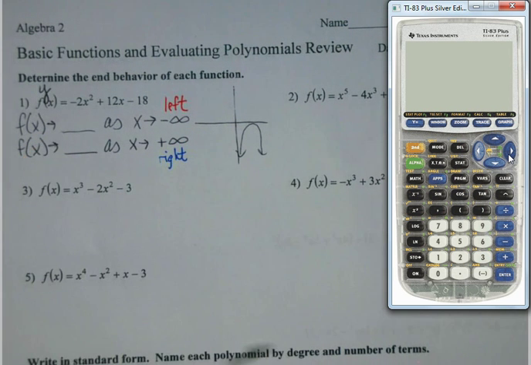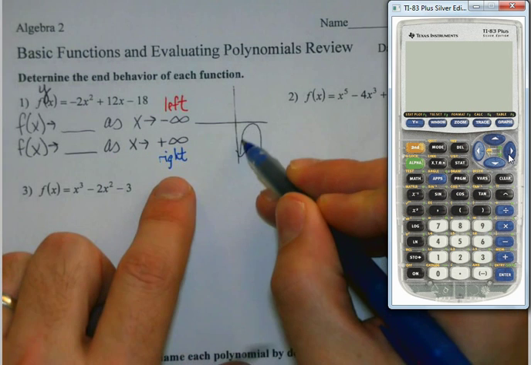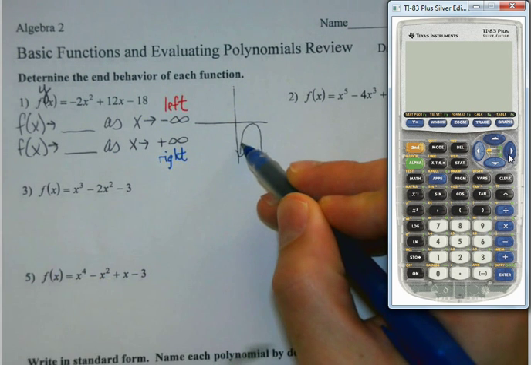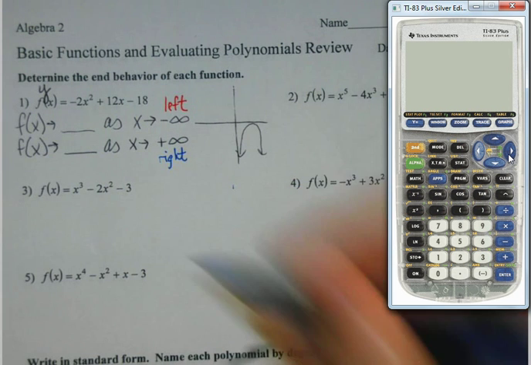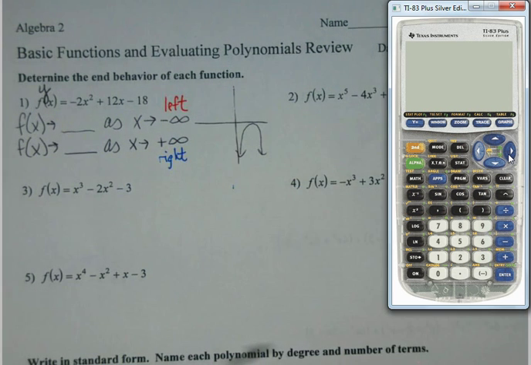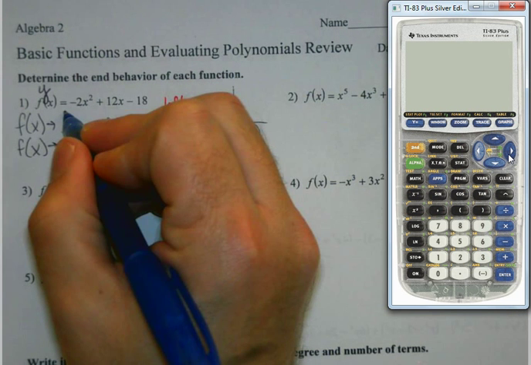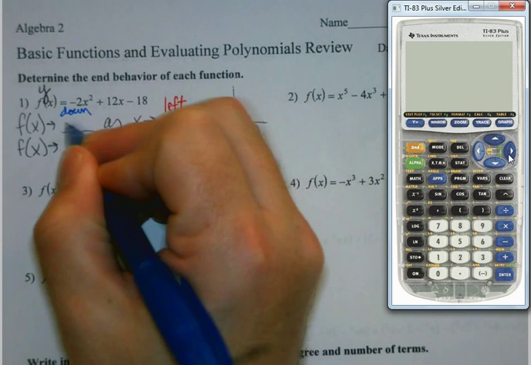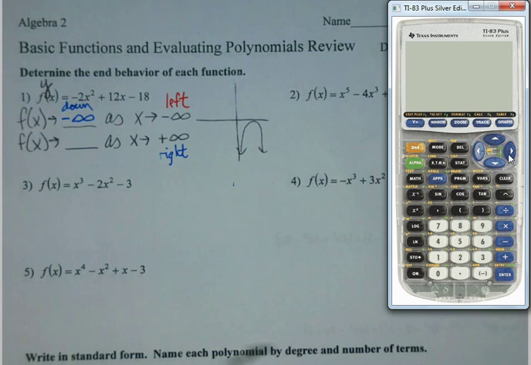So you're like, okay, how do I figure out this part then? Well, let's look at what's happening. As x is going to the left, as this graph's going this way, which way is y going? Down, because y goes up and down. So as I go left, y is going down. Our way of writing down is negative infinity.